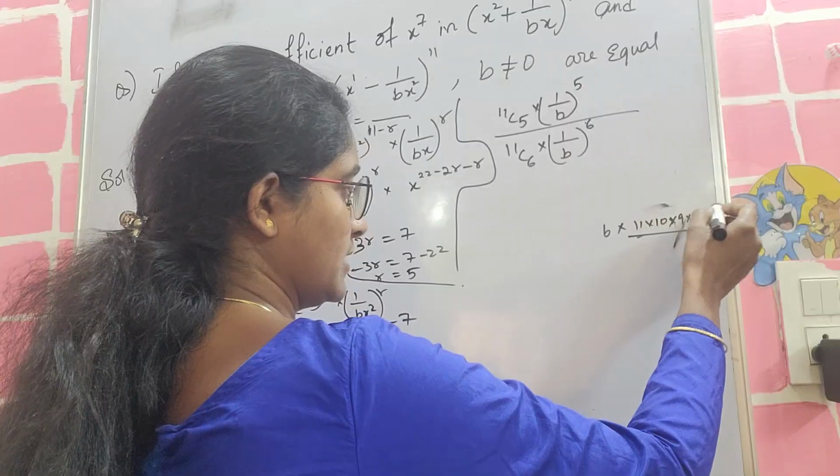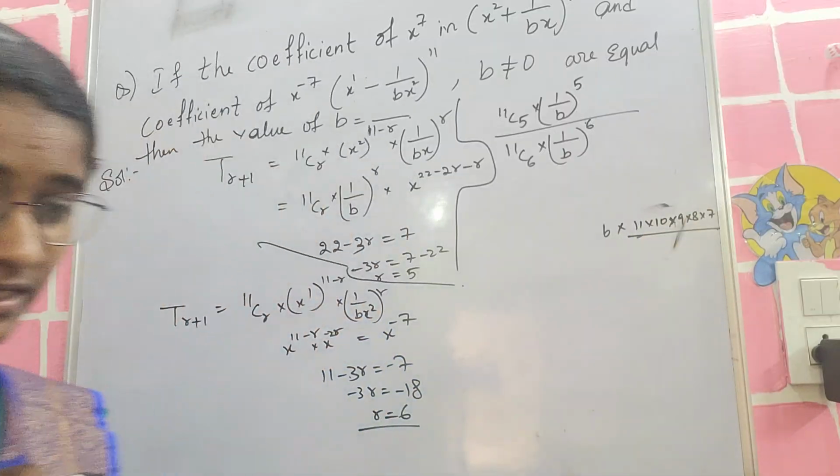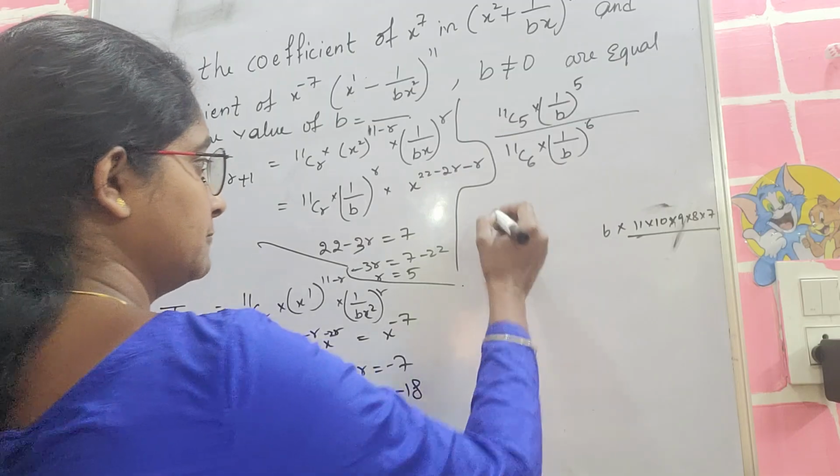Then if I cancel all this, I'm going to get 6 times 6, so 36 is my answer, I guess. Yeah, 36.